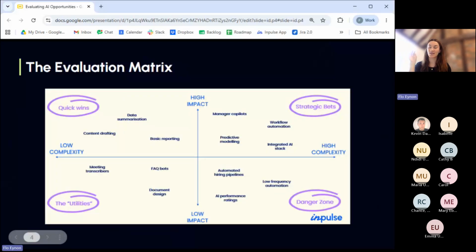This is the evaluation matrix that we use at Impulse. It uses examples of HR technologies, but on the one axis going upwards, you have impact, and on the other one you have complexity. Impact is about the value of the tool or the problem that you're solving. For an internal tool, that might mean how many hours have you saved?